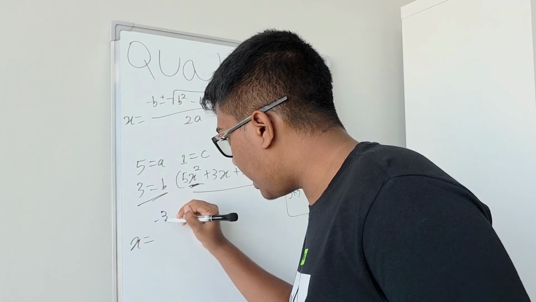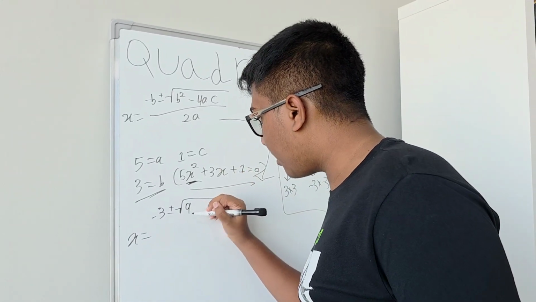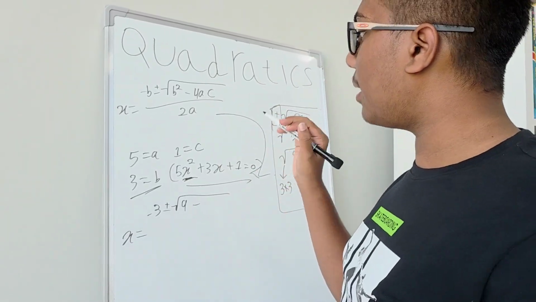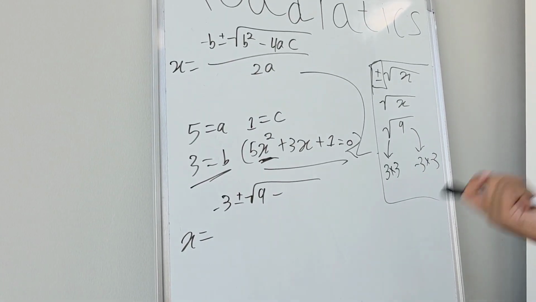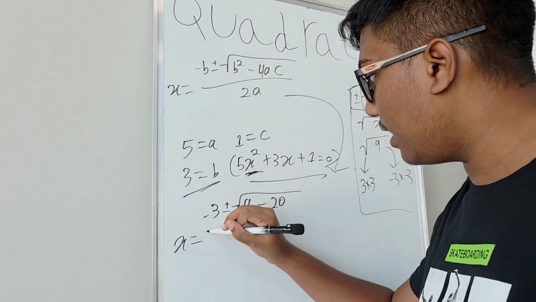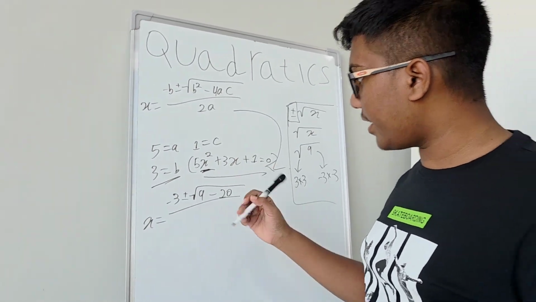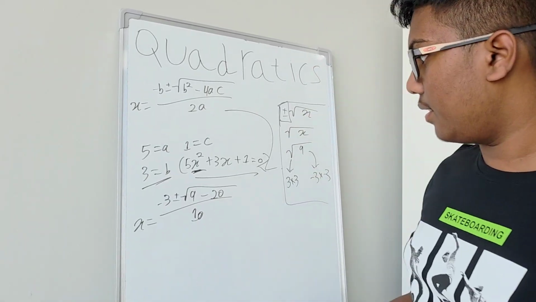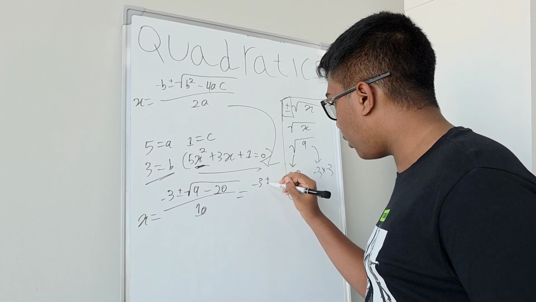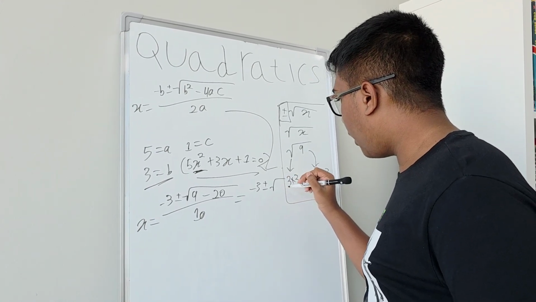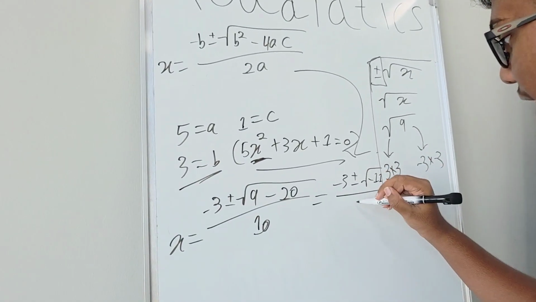So minus 3 plus or minus the square root of b squared, which in this case is 9, minus 4 times 5, which is 20, times 1, which is still 20. So minus 20, divided by 2a, which in this case is 10. We can simplify this and get minus 3 plus or minus the square root of minus 11, the whole divided by 10.